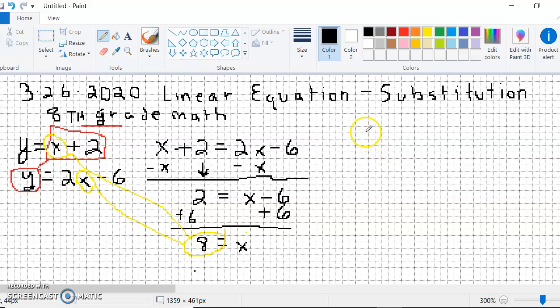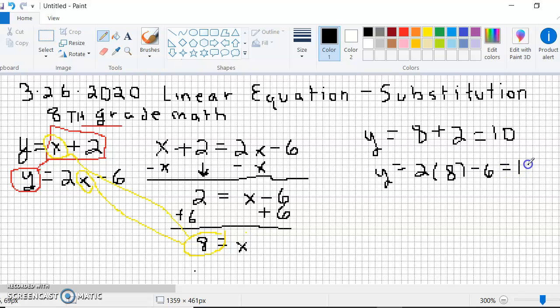So I know that y has to equal 8 plus 2, and that is equal to 10. And then I know that my y has to equal 2 times 8 minus 6, and 2 times 8 is 16, minus 6 is equal to 10.